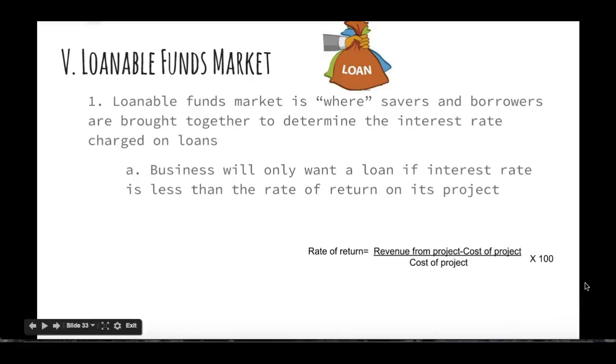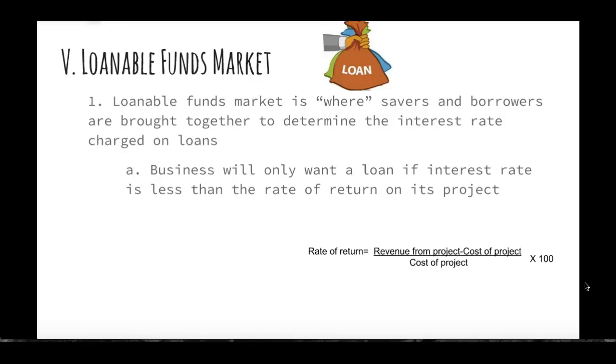What this means is that if I'm going to take out a loan, I want to make sure I'm going to get more back from whatever I'm getting the loan for. For example, maybe I have a bakery and I'm getting a loan to expand my business. Instead of having 2 ovens, I'm going to have 3.